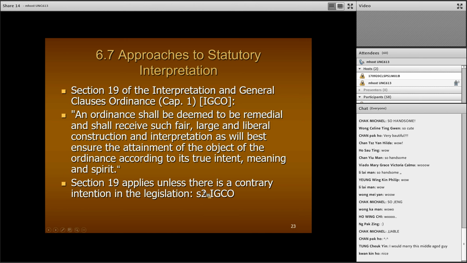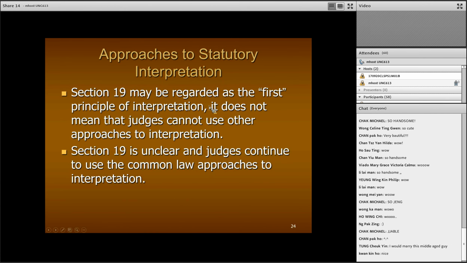So section 19 applies unless there's a contrary intention in the legislation. Section 19 may be regarded as the first principle of interpretation. So when you are answering a question on interpretation of legislation, don't omit section 19 of chapter 1. You have to mention it, even though in fact it's not something so meaningful.